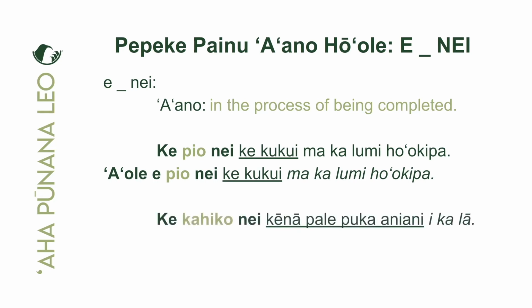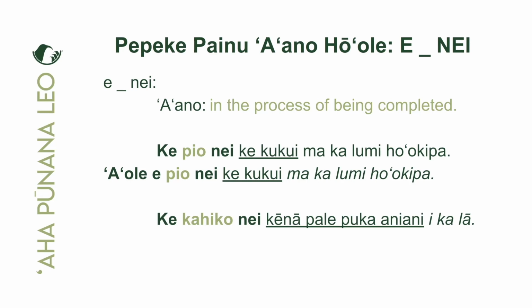Next one. Ke kahiko nei ka pale puka aniani i ka lā. Remember that same translation: that curtain is in the process of becoming old because of the sun. Can you guess what the negative will look like? It starts off with ʻaʻole. Ke changes to e.